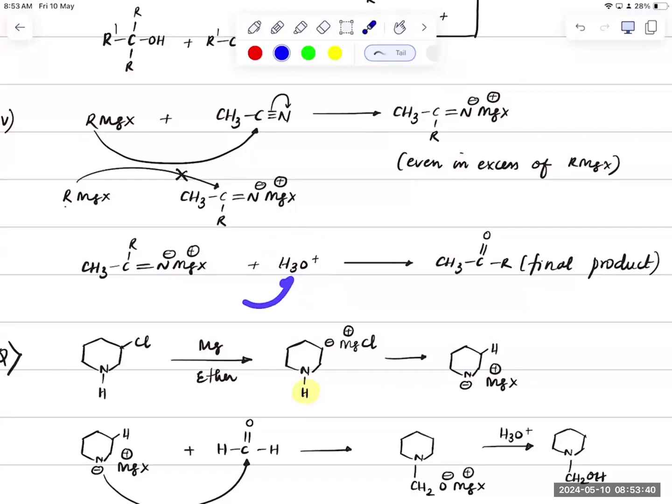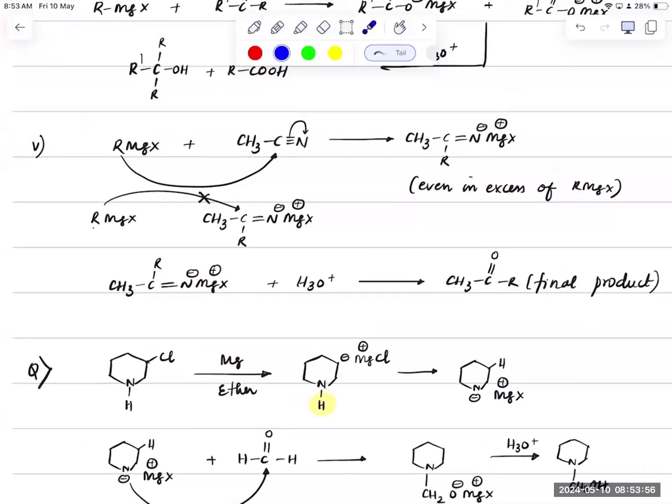All the RMgX will react with the hydrogen and convert into alkane, no matter how much excess you add. So you will not have anything left to react with the ketone anymore. Therefore, the final product you will report is only ketone. Any doubt there? Clear with it?